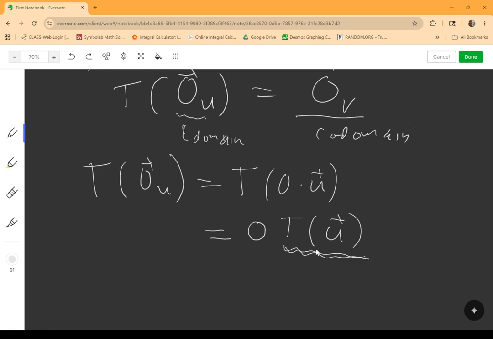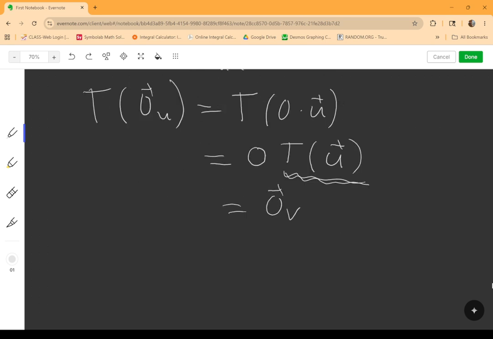It's a vector in V times a scalar 0. So applying my vector space properties, I get the 0 vector, but now I'm in the codomain, in the vector space V. And that proves our theorem here.